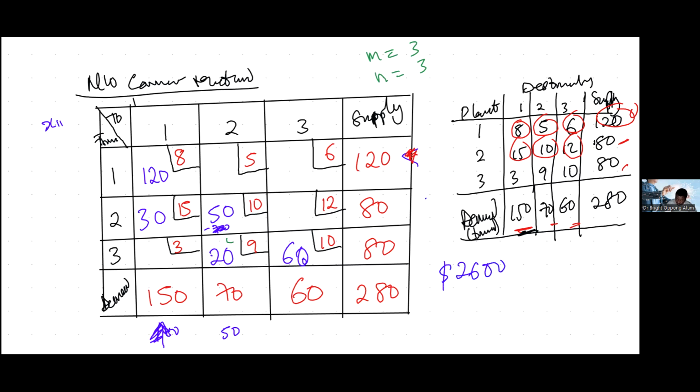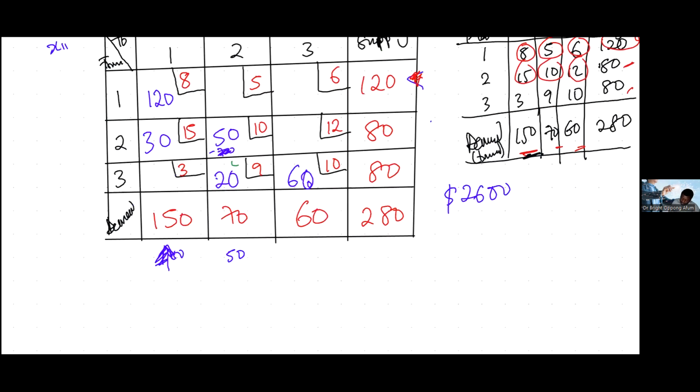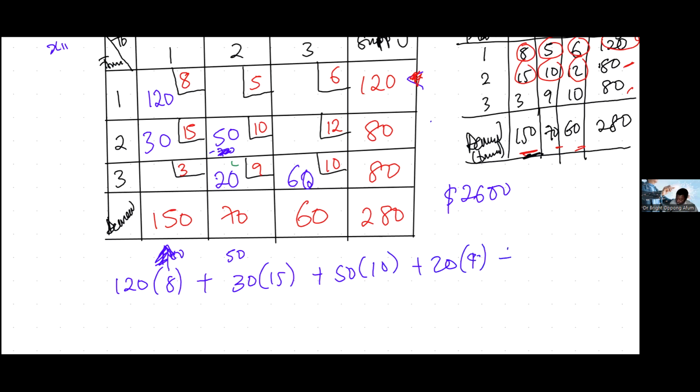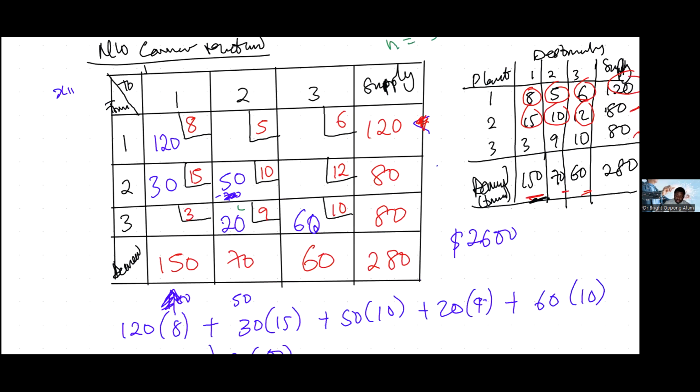Because it's coming from 120 by 8, plus 30 by 15, plus 50 by 10, plus 20 by 9, plus 60 by 10, and this will give you 2,600. So this is the initial solution according to the northwest corner. Very simple, very basic.